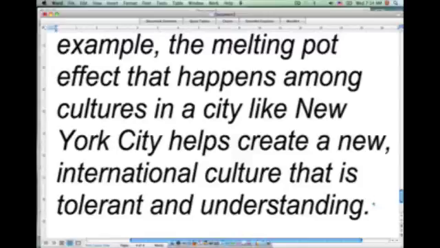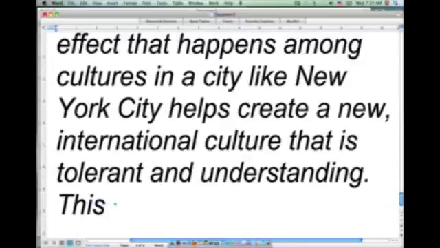So, for example, the melting pot effect that happens among cultures in a city like New York City helps create a new international culture that is tolerant and understanding. So now we just have to show in this next sentence how this is a very positive thing.